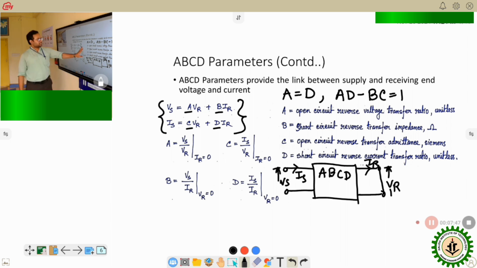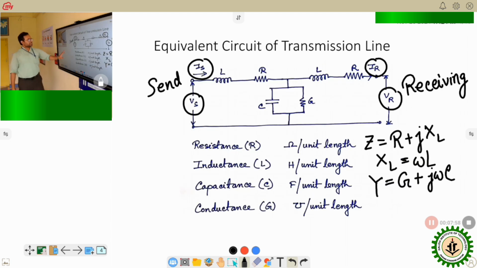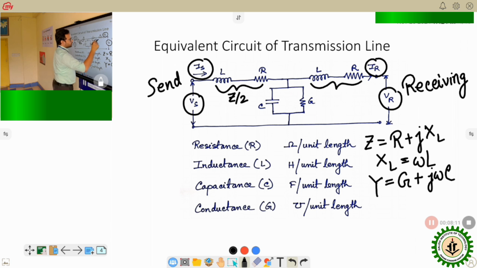Now we can relate these ABCD parameters in terms of voltage transfer ratio, impedance, admittance and current transfer ratio to our equivalent circuit, where we can also see that this equivalent circuit can be represented as Z. So Z is equal to Z by 2 plus Z by 2.